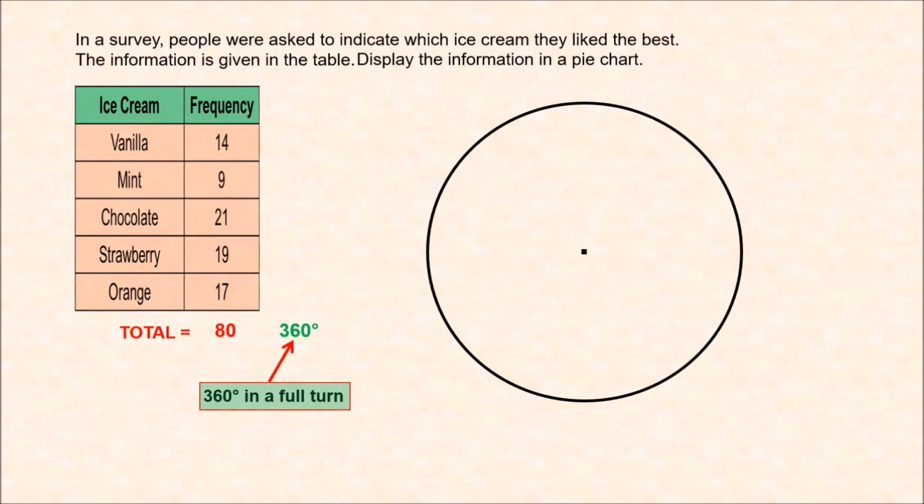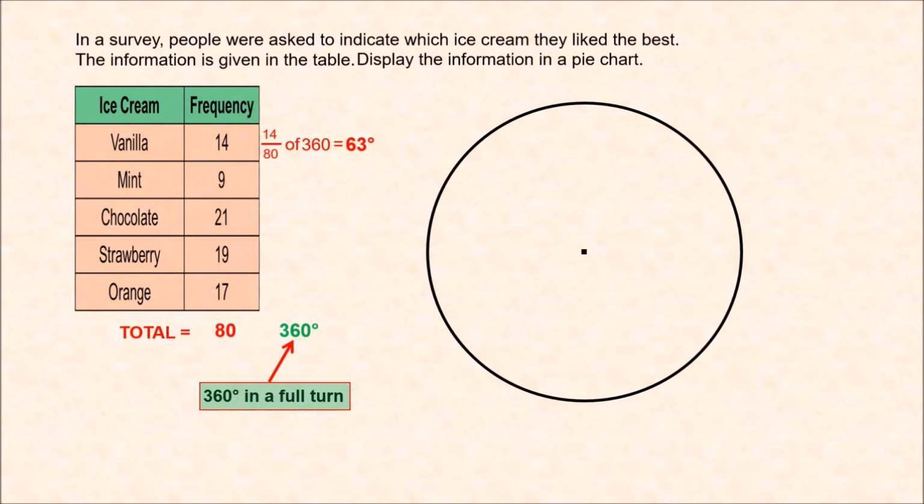So for vanilla, 14 people chose vanilla out of 80, so that is 14 over 80. You multiply that to 360 degrees, so 14 over 80 of 360 will give you 63 degrees. So that means the sector for the vanilla is 63 degrees.